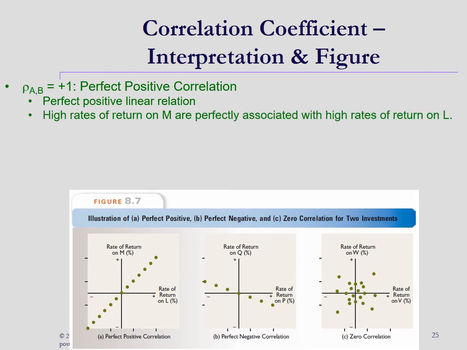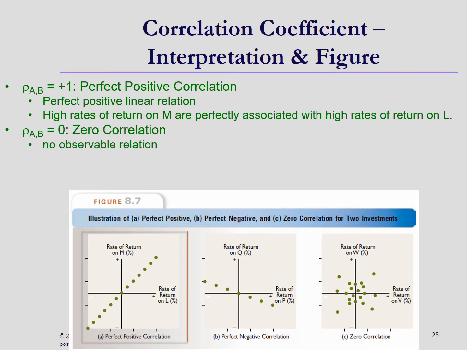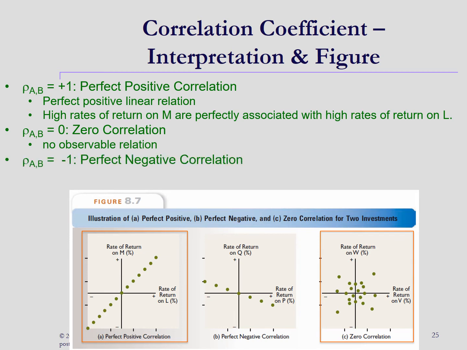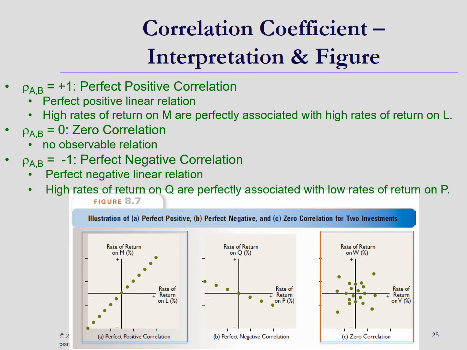For example, high rates of return on M are always associated with high rates of return on L. A correlation coefficient of 0 implies no observable linear relationship between two variables. A correlation coefficient of -1 implies a perfect negative linear relationship between two variables. For example, high rates of return on Q are always associated with low rates of return on P.